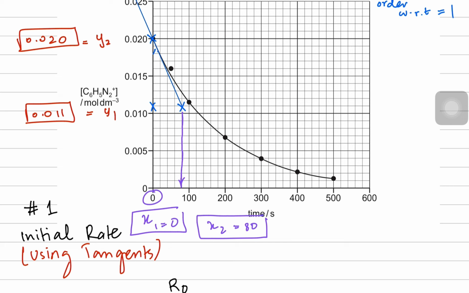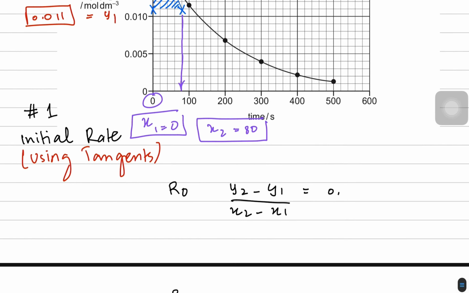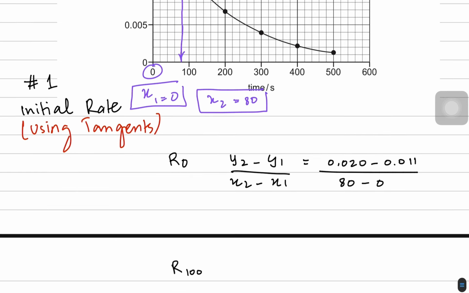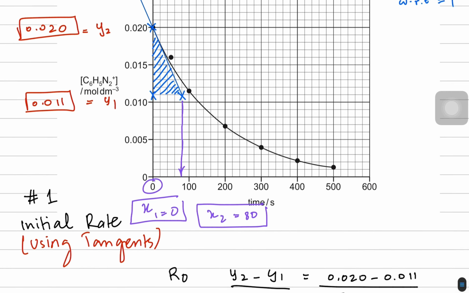So the concentration changed over these tangent values from the 0th second to the 80th second. We know the formula for gradient is y2 minus y1 over x2 minus x1. So 0.020 minus 0.011 divided by 80 minus 0. When I solve it, it becomes 0.009 over 80, and I find my rate of reaction to be 1.125 × 10^-4 concentration per unit time.